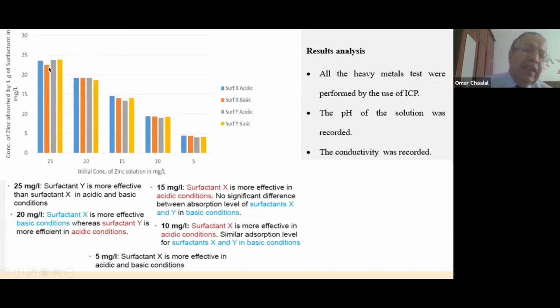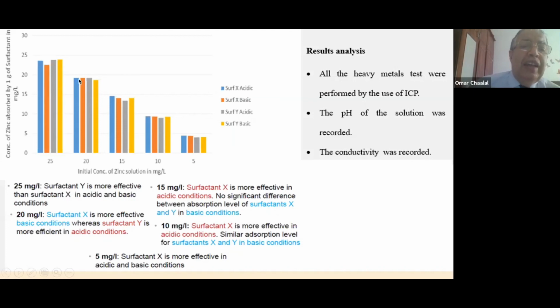But they are okay. The other one, they are similar. So for this one there is no effect of acidity, but here there is an effect. But this is when the concentration is high. When the concentration is low, we can see a change here, I don't know what's happening, but it needs more investigation.